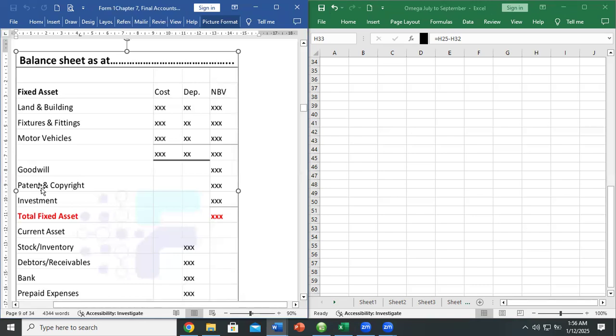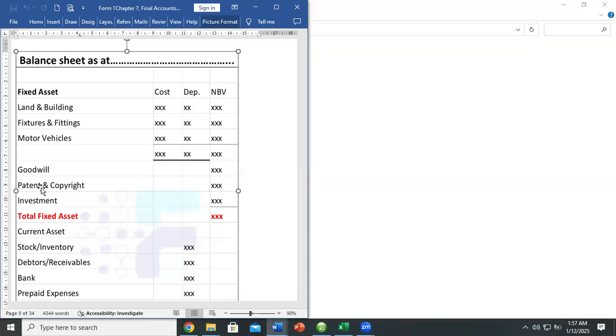Now, patent and copyright. Copyright is more or less like, you don't want people to copy your text. It's more about writing a book or something. You get that right, and people cannot make copies of your book and sell without your knowledge. That right helps you get profit. Because if not for the copyright, people would be making copies and selling and making money out of it without your knowledge.